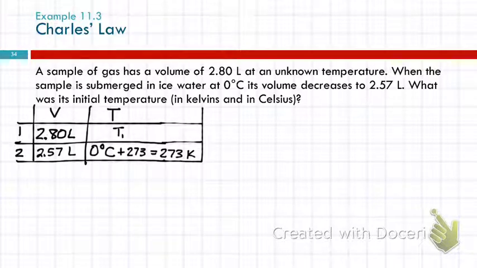So we need Charles' law. Can't use Boyle's law because we don't have pressures, we've got temperatures. So we write out Charles' law: V1 over T1 equals V2 over T2. This equation has fractions in it.